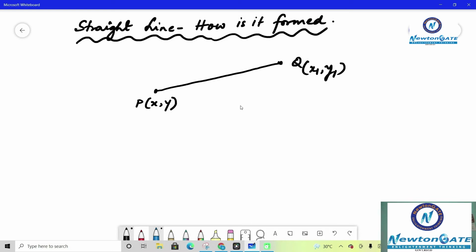As we can see, P(x, y) and Q(x1, y1) were my 2 points, and this is the line which is joining these 2 points. Hence, this is a straight line.